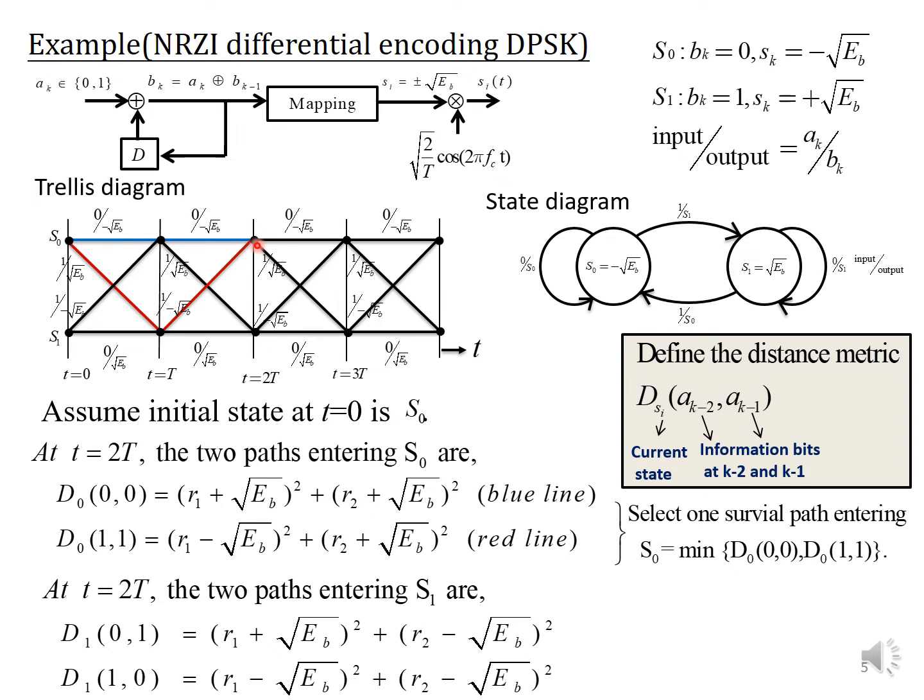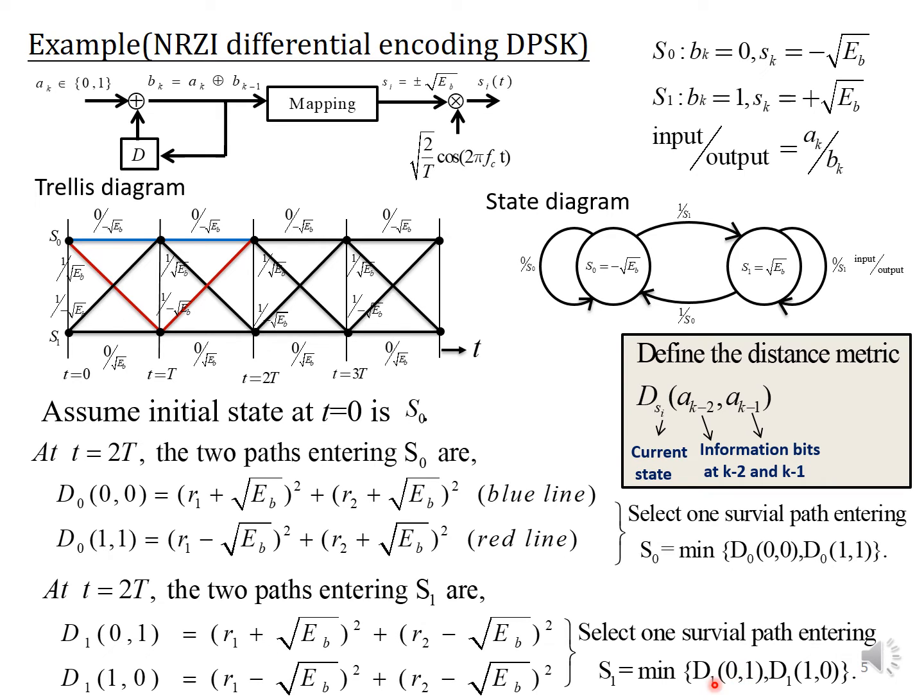So entering S0, there are two possible paths, and entering S1, there are two possible paths. Among these two, we select one as the survival path, and among these two, we select one as the survival path.